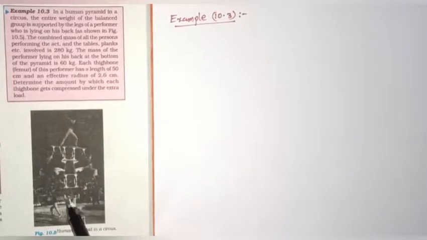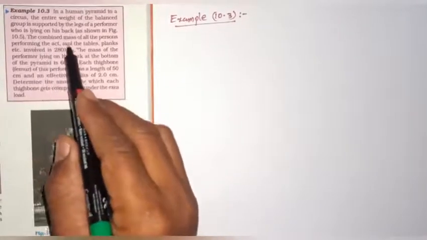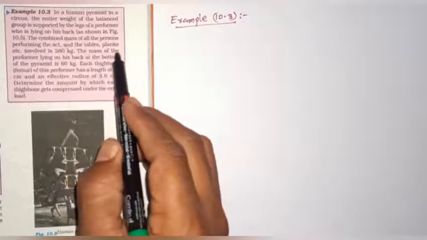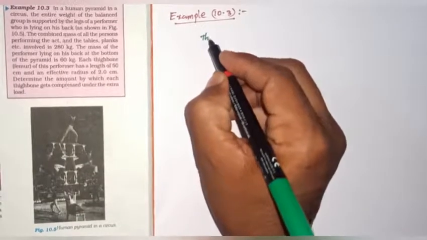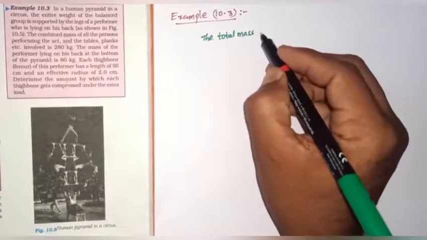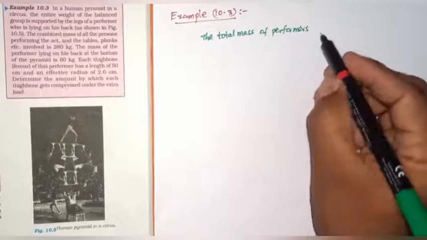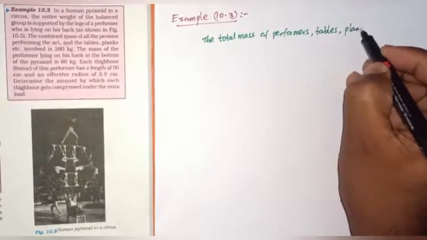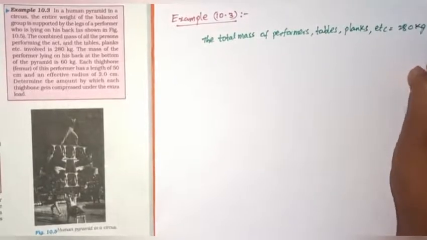The combined mass of all persons performing the act and the tables, planks, etc. involved is 280 kilograms.